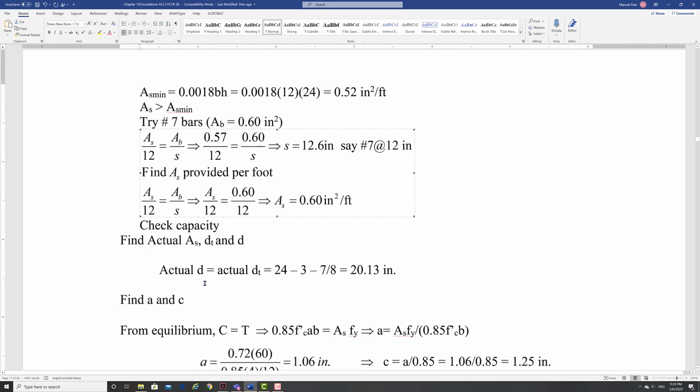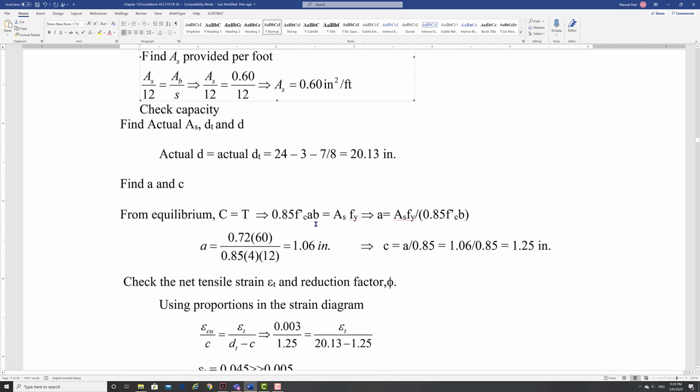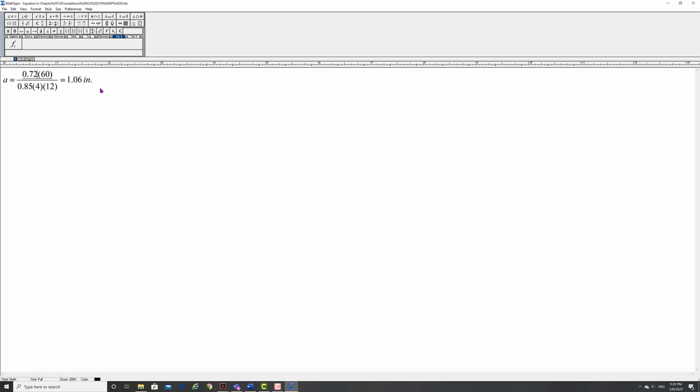Check capacity, so we got that one, so same, that's my d sub t will be the same. C, we can find here the area, but I'm using this one now, because now this one is 0.60, and that's what we didn't do.